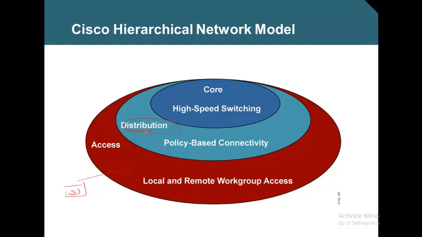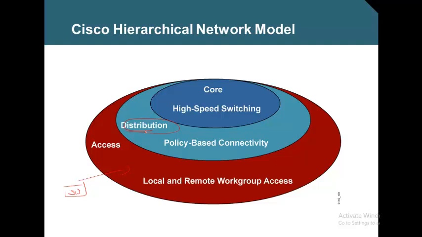The distribution layer is the place where we apply the policies. Policy-based routing. You might have heard about this word, policy-based routing. Now, where are these policies applied in our network?